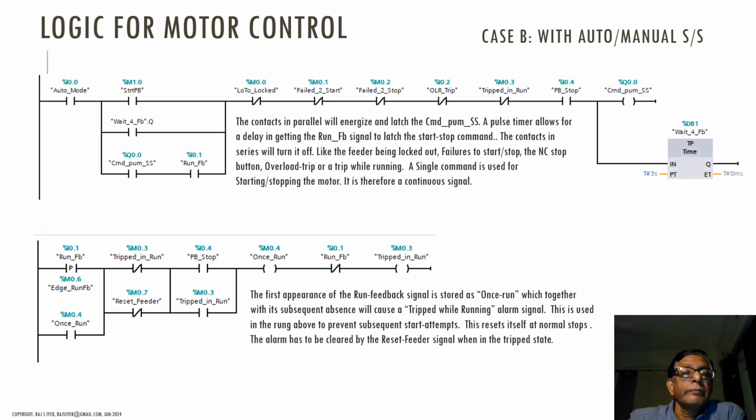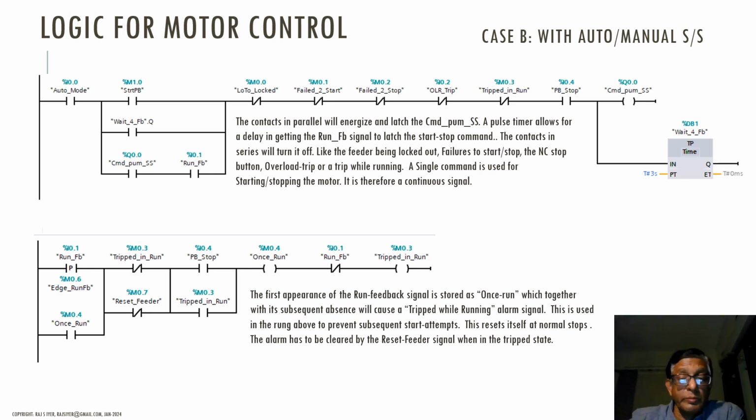All right. Now, why this delay is because the run feedback is not necessarily due to the contactor picking up inside a feeder. Often, if someone expects a pump to be primed, then there is a flow switch in the line.